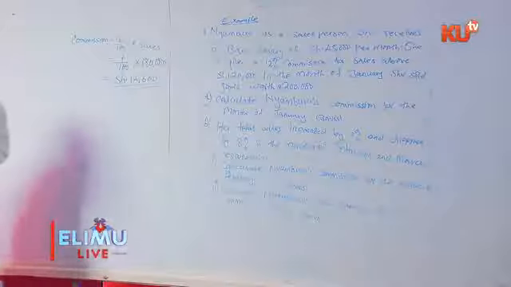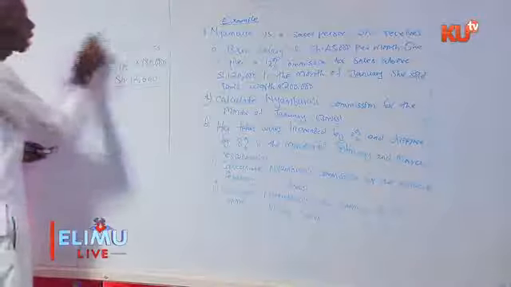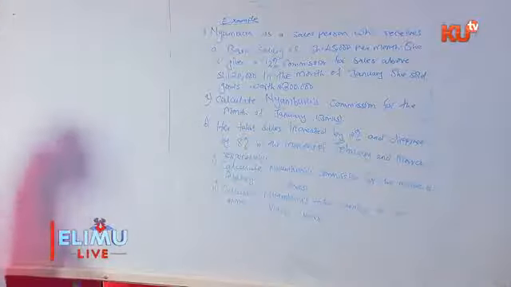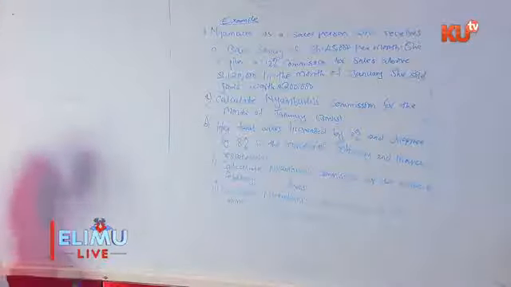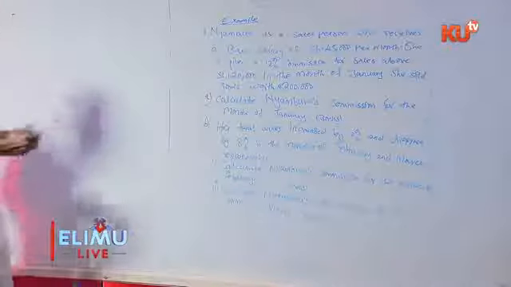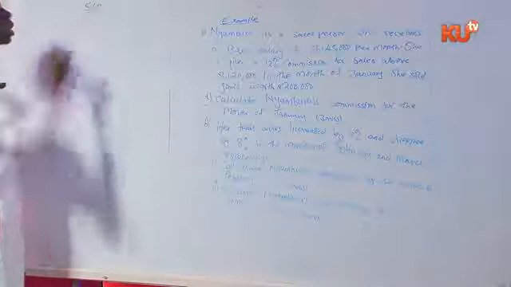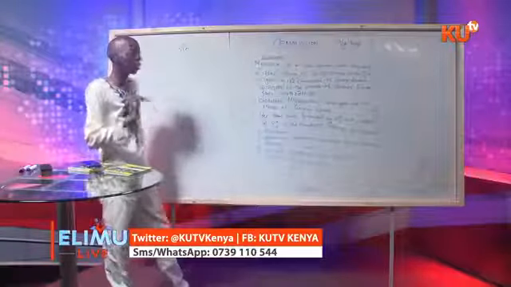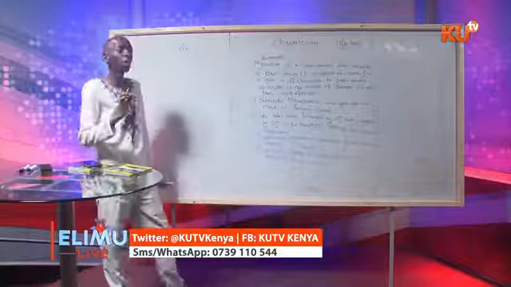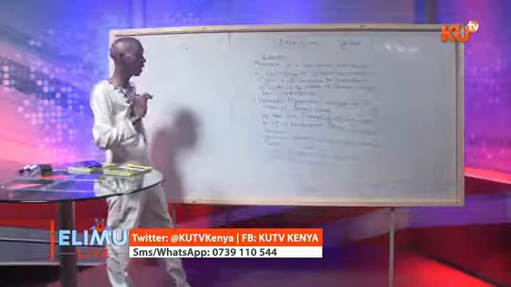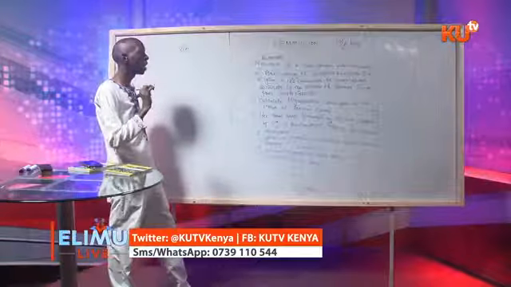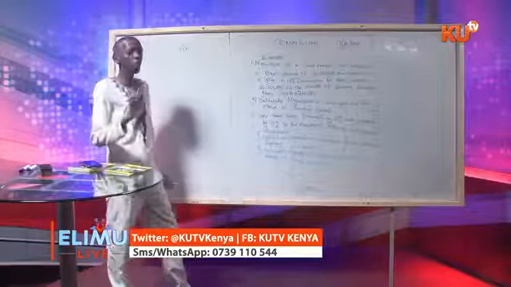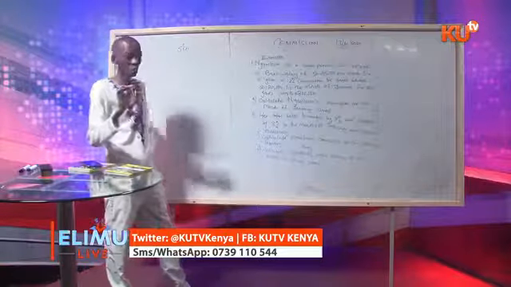So we are told that Nyambura is a salesperson who receives a basic salary of 45,000 per month. So that is the solution. She is given a 12% commission for sales above 120,000. In the month of January, she sold goods worth 300,000 shillings.